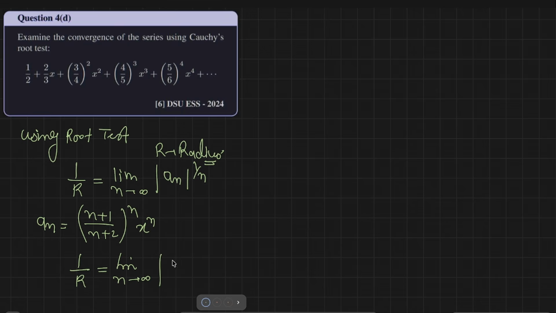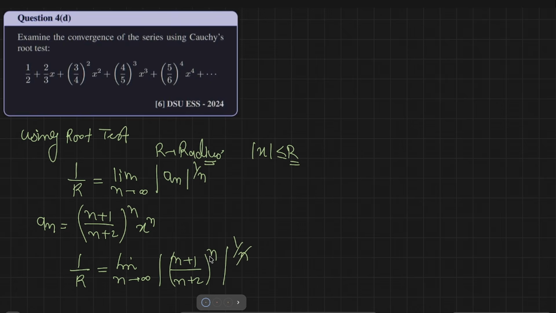From here it is (n+1)/(n+2) to the power n, and the power 1 by n will get cancelled. You ignore the x^n, no need to write it, because it is by default that mod of x is less than or equal to r; our task is to find r only.